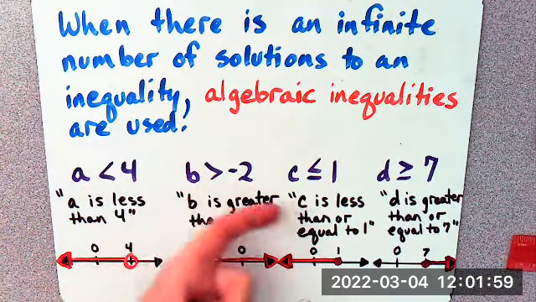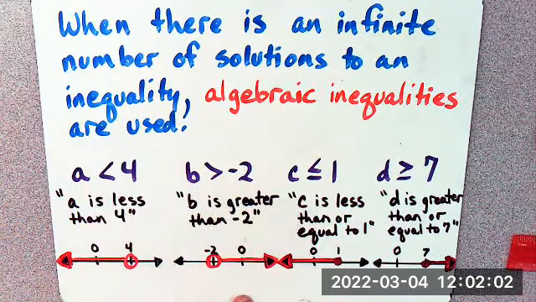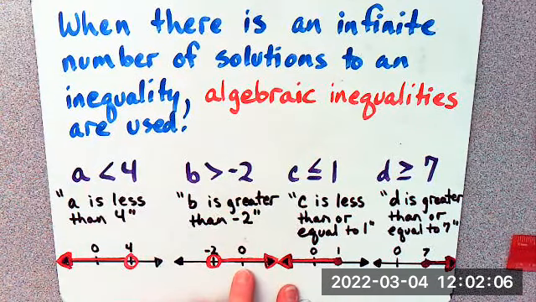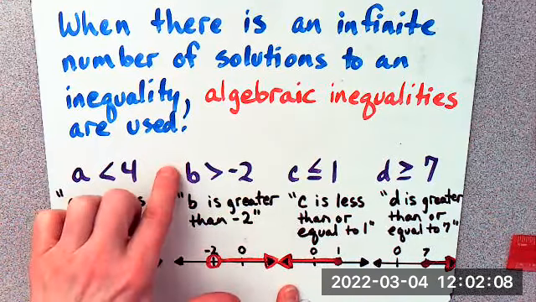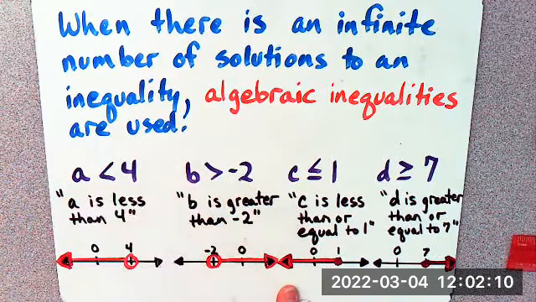And we notice the inequality is pointing that way, so it gives us a good idea we need to shade that way, but we use a test point of 0. Is 0 greater than -2? That's true, so we do shade this direction.